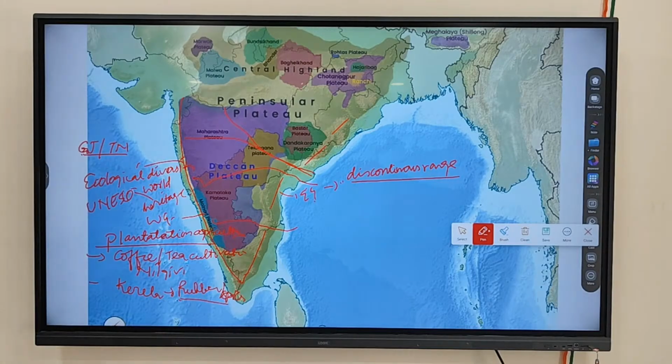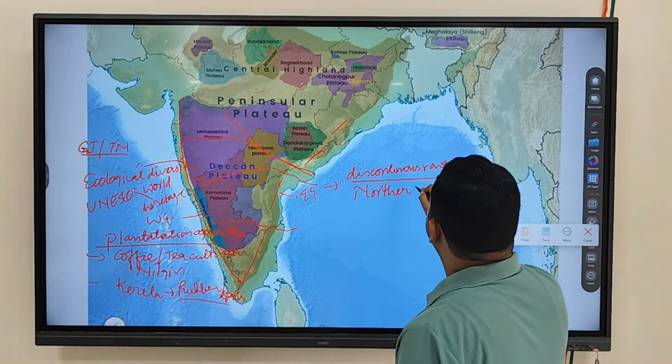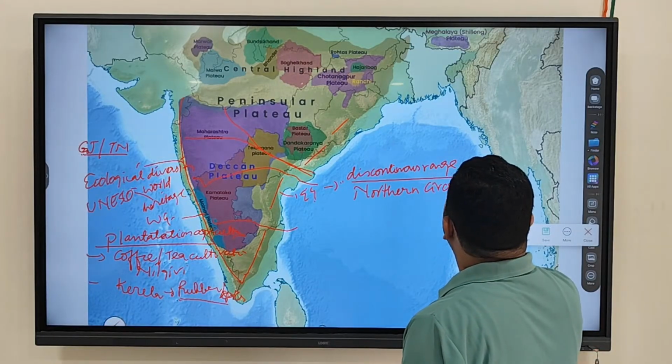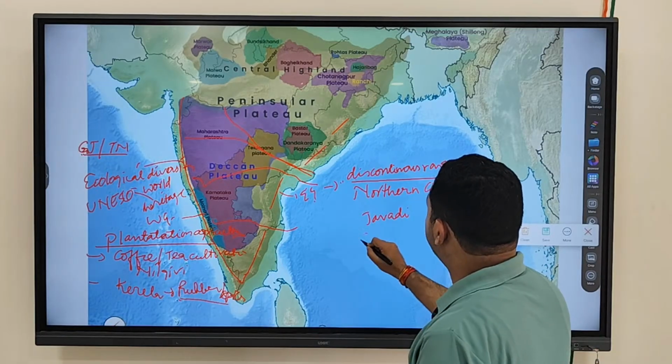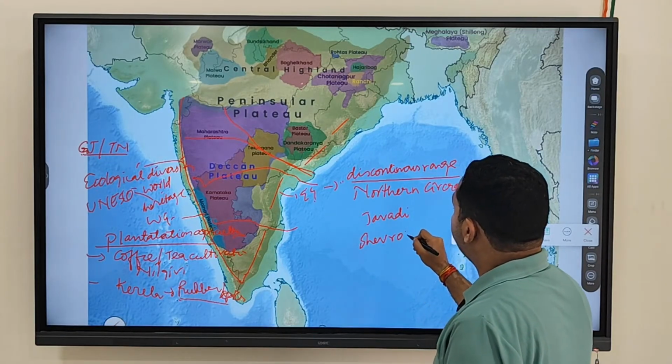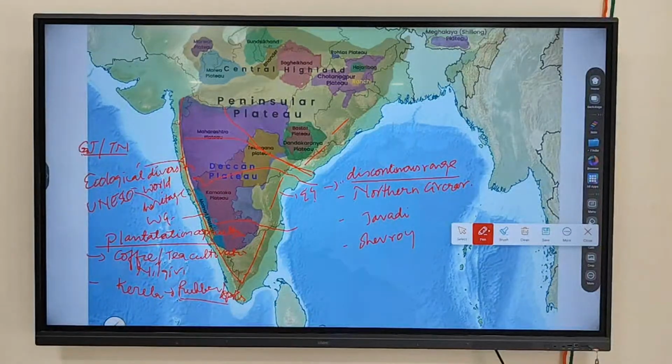These have Northern Sircar, Javadi, Shivaroy. So these are different at different locations. You will find different types of hills. Northern Sircar, Javadi, Shivaroy. There is also Nalla Mala.